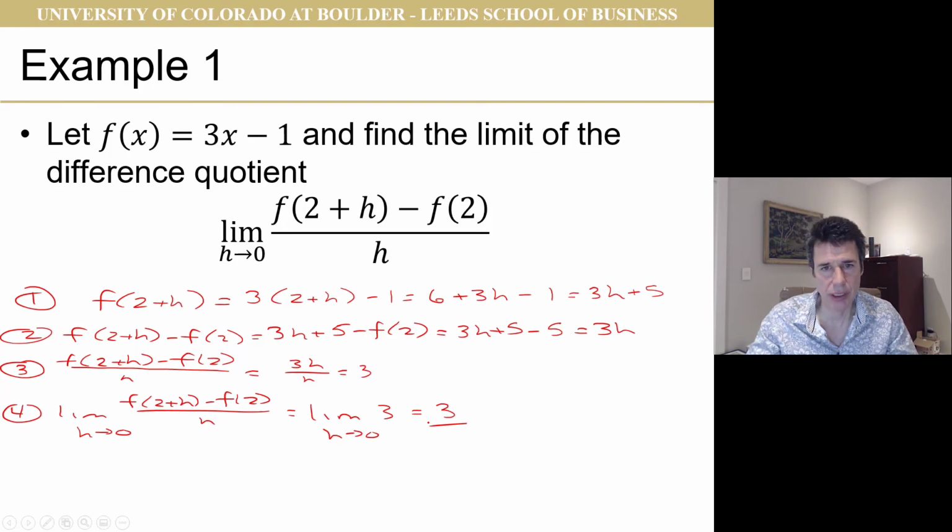So in this particular example, this wasn't too bad. The 4 steps help us organize our work really, and especially when this gets a little more complicated, step 3 is sometimes a little bit hard to see, and so writing this out in this way helps us.